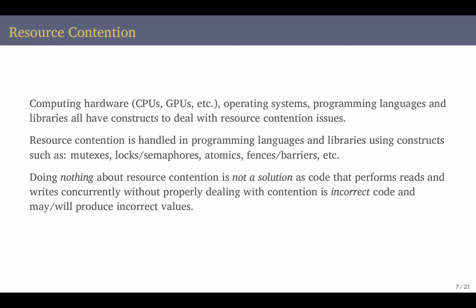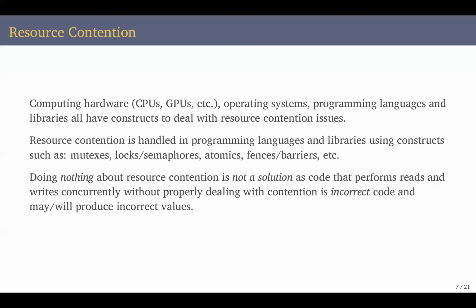Now, if you do nothing about resource contention, outside the case where you're just reading the same value that never changes, that's not a solution. If you're doing things in parallel, you, one way or another, need to deal with resource contention. So you either have resource contention or you don't.